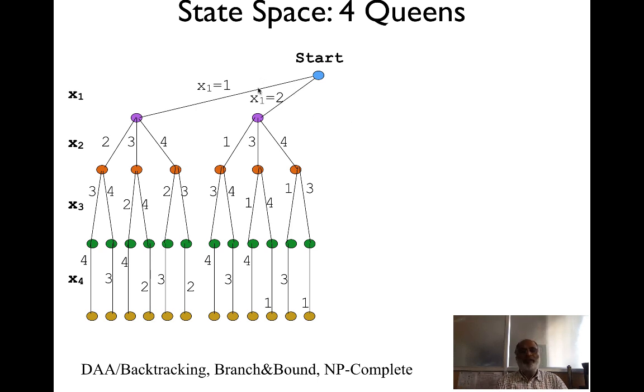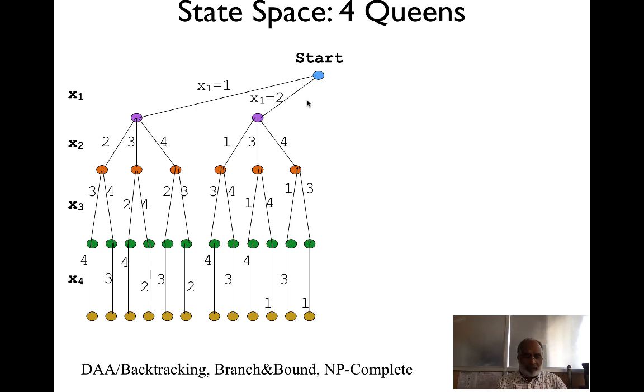So for x1 we have already taken value 1 and value 2. Now what would be the next value? The next value would be x1 equal to 3, then build for values x3 and x4. Similarly, the value for x1 could be 4, and then you build those values.